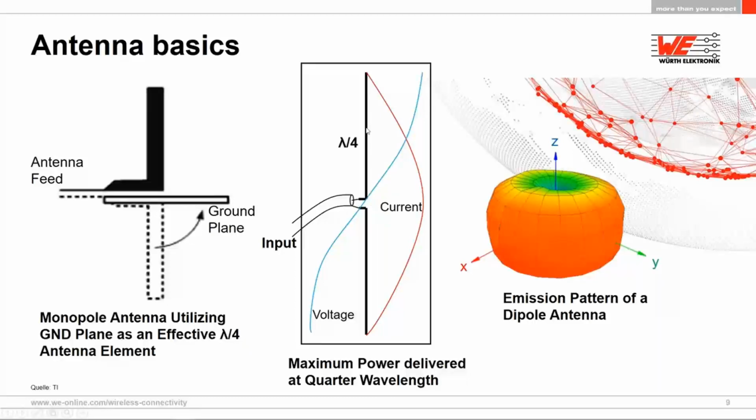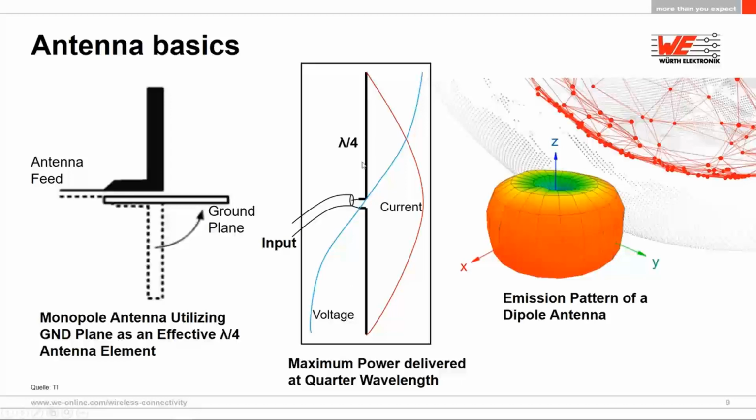And invariably, we have a positive and a negative, or a ground. Now, what I have drawn or sketched here is a quarter wave antenna, therefore lambda over 4, and the equivalent as a negative, or it could be the ground as well.